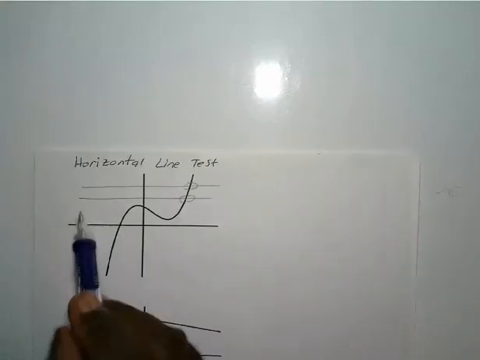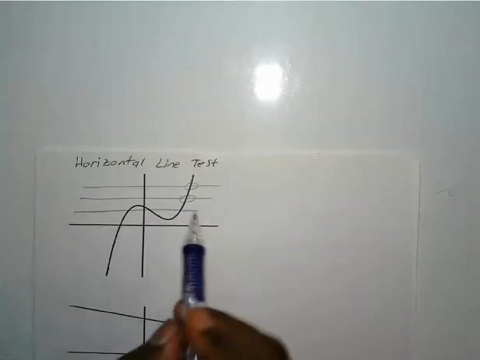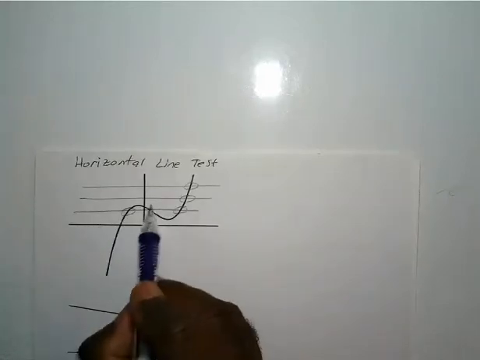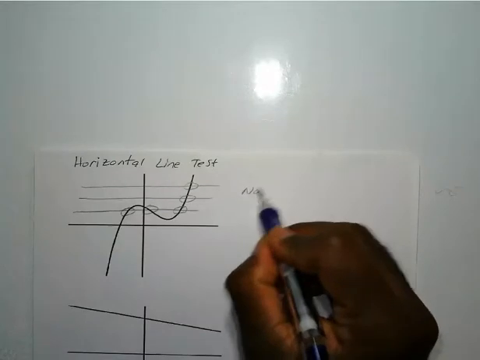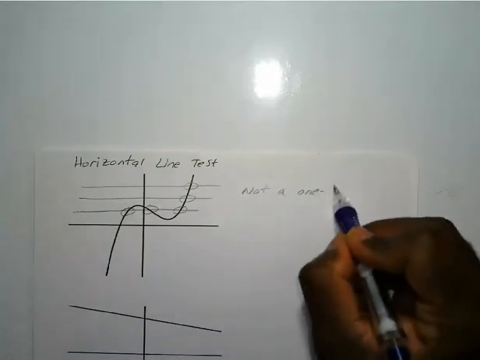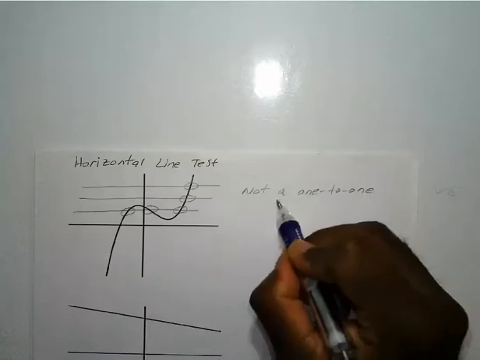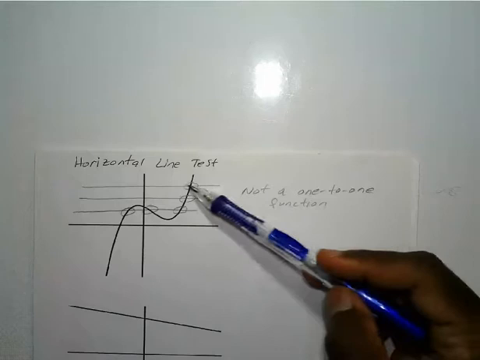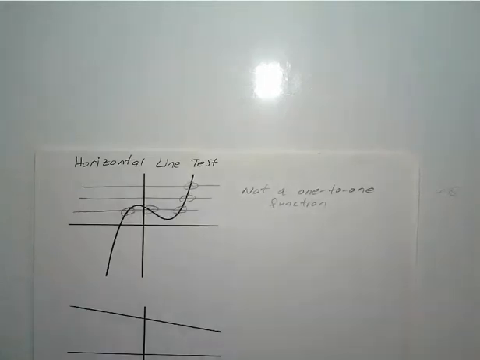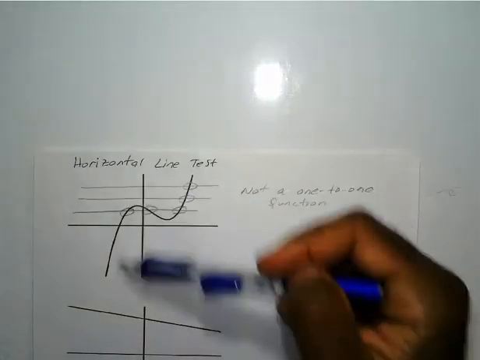But the minute you draw one here, you see that one line crosses the graph more than once. It only takes one. It doesn't mean every horizontal line has to cross it more than once. It only takes one horizontal line to cross that graph more than once. So it's not a 1-to-1 function. Now, the thing is, if you did the vertical line test, it would be a function. It's just not a 1-to-1 function, because it would pass the vertical line test no problem.